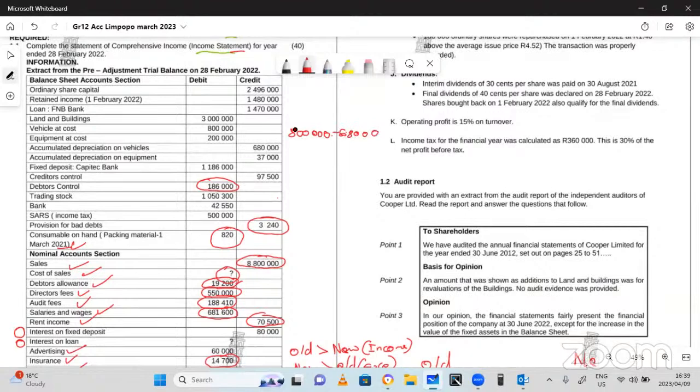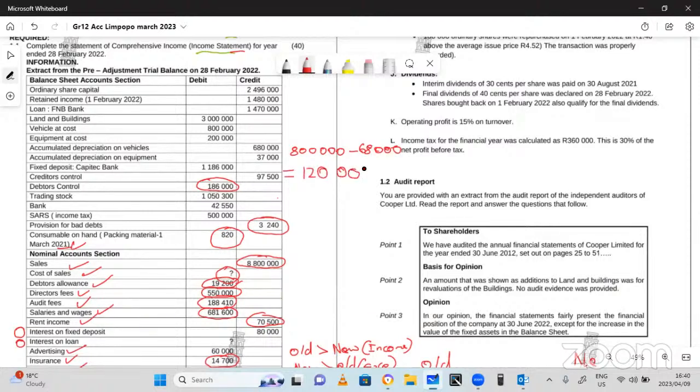So I will subtract the accumulated depreciation, because I want to check the carrying value that I will compare with after getting my depreciation. So it's 800,000, the cost price, minus 680,000, which will give me 120,000.